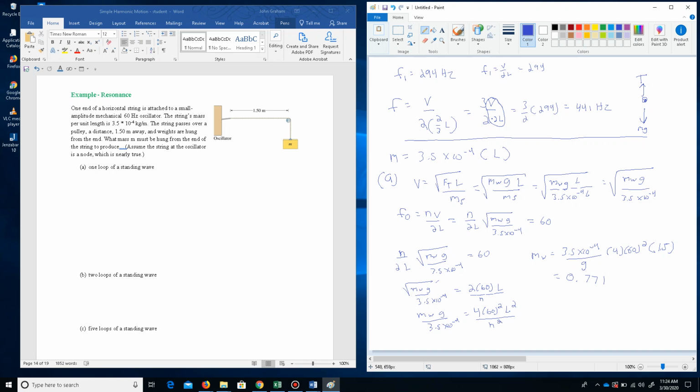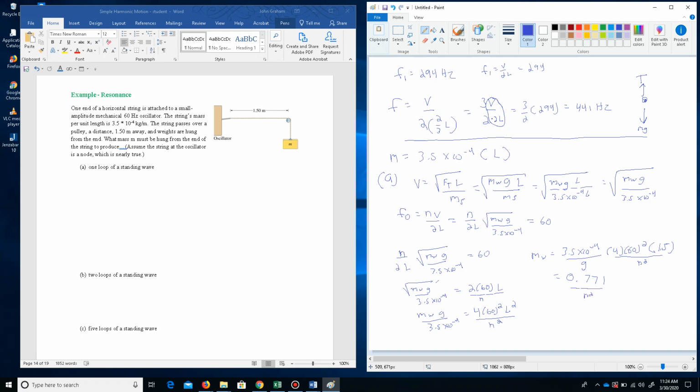As we move through, you end up with an n squared being divided. That allows us now to go to the next problem without really having to do all the algebra. We just know that this is going to be n squared, which is going to end up being 1.